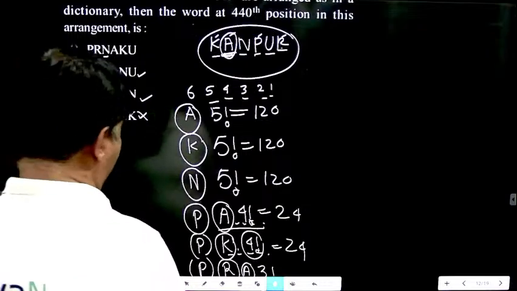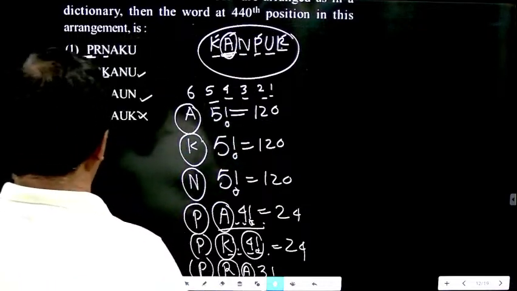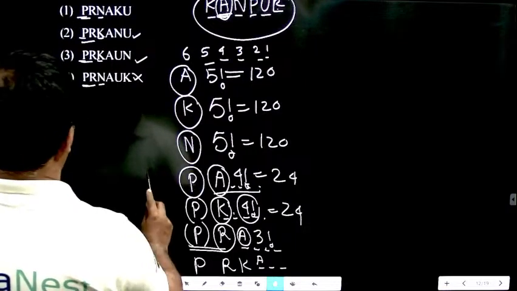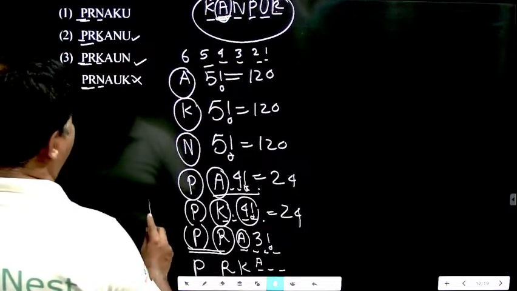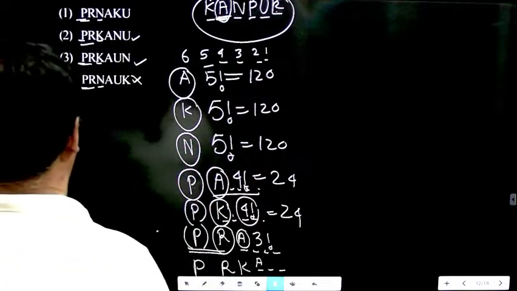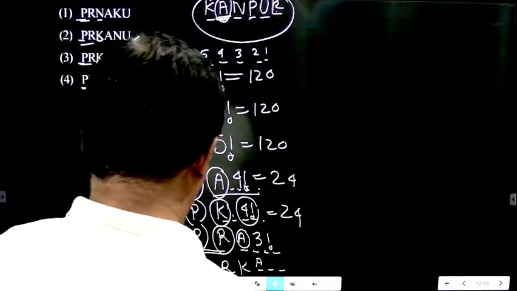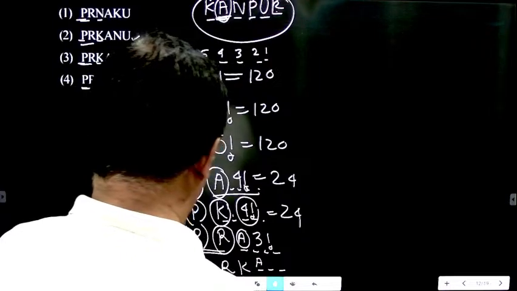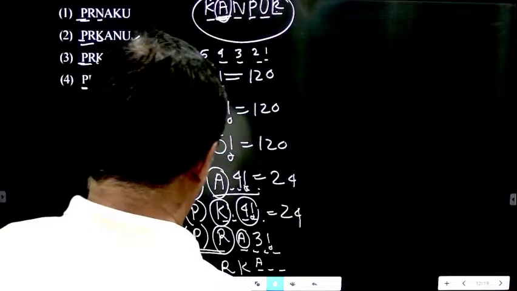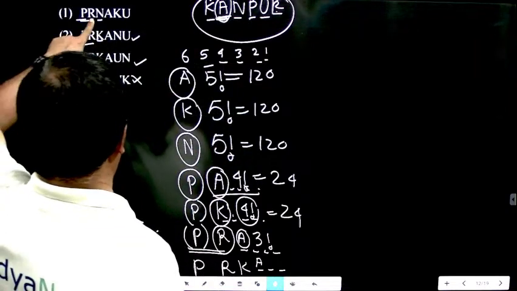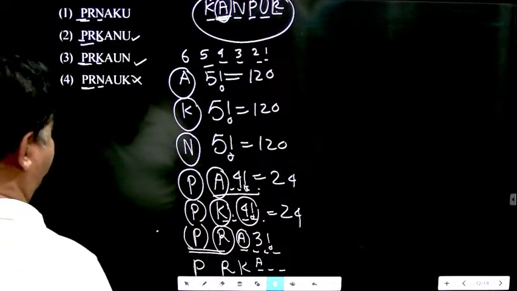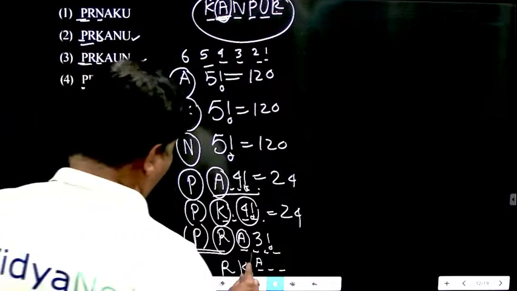P, R, A, then P, R, K. But see, now if I fix P, R, N, P, R, K, after that, but we have to get 440.